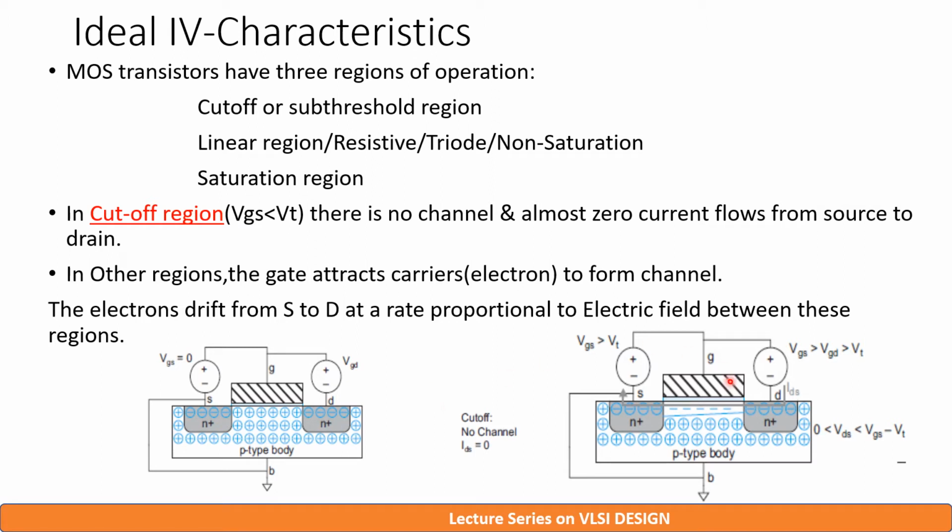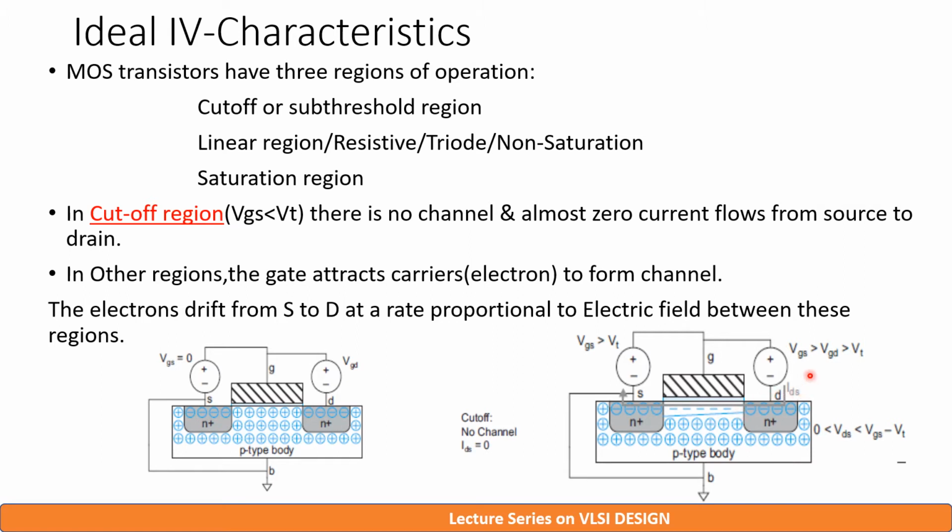In linear region, gate voltage is greater than threshold value, so holes in the p-type substrate will get repelled and negative ions are attracted towards the gate, therefore an n-type channel is formed.